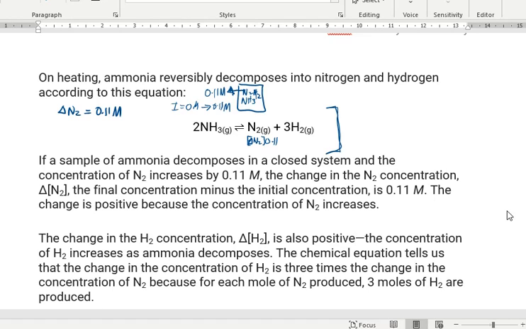Now, from the balanced equation, we know that for every 2NH3, it could give us 1N2 and 3 H2. Okay? So, let's write this again.